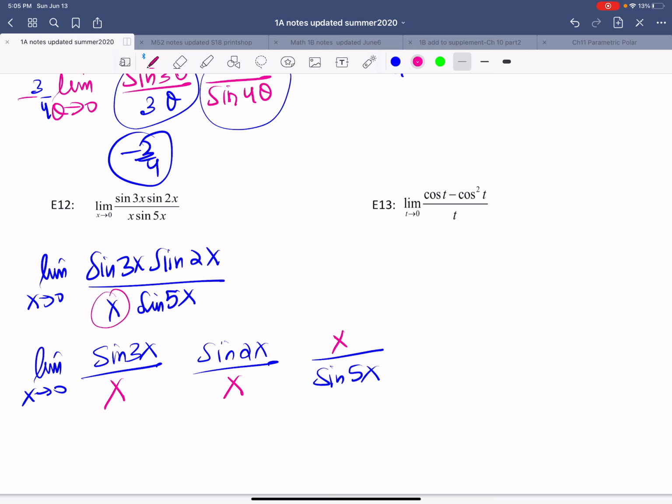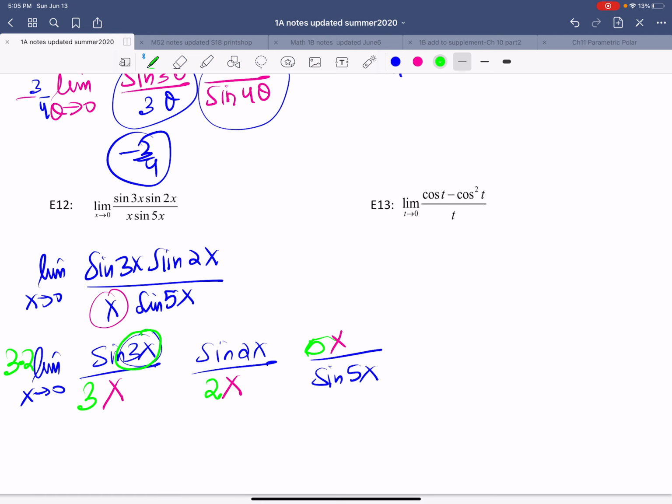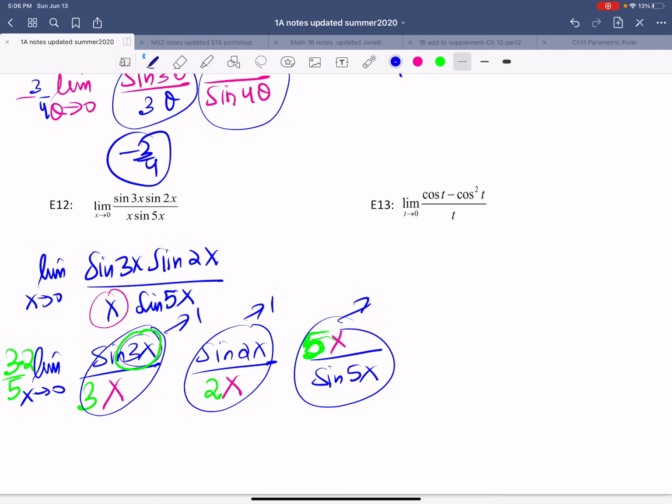I can multiply and divide with the same thing, and that doesn't really change anything. Now, whatever is the argument in the numerator, we need to have the same thing in the denominator. So multiply and divide by 3, and divide by a 2, which is the same as multiplying by 2. Then multiply with a 5 and divide with a 5. And now we can see all these limits are going to go to 1. So 6 over 5 is what the limit turns out to be.